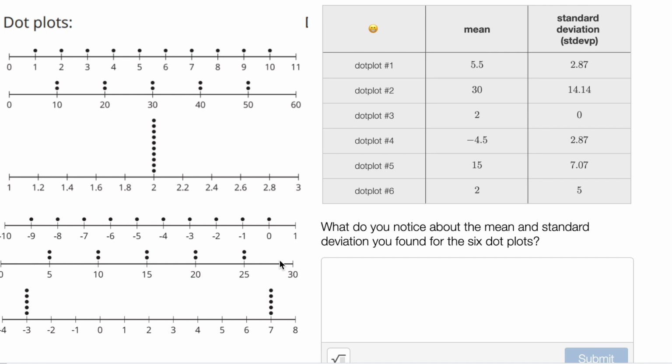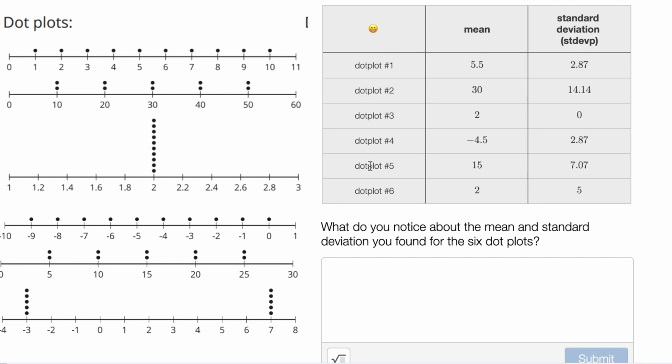Okay, so we can talk about this. For the first dot plot, your standard deviations were the same for number 1 and number 4 because the data values are distributed the same way. And then we talked about 2 and 5 and how they're spread out differently.